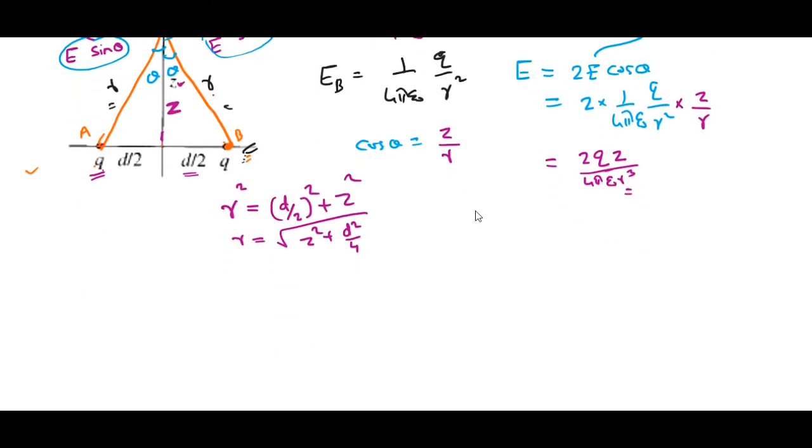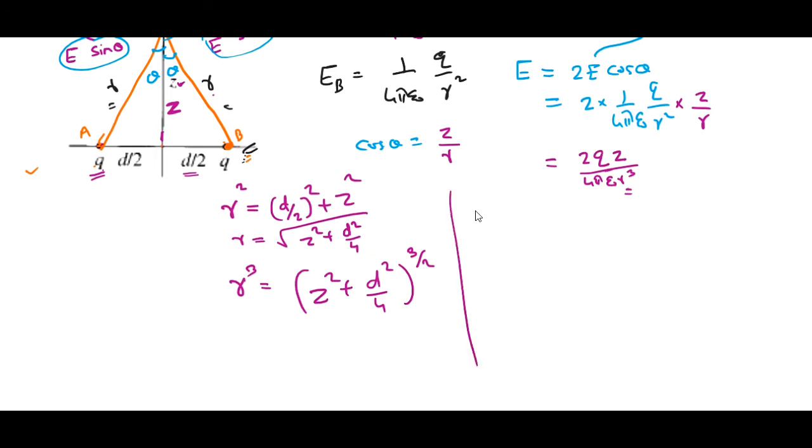Here we want to find r cube, that is r cube is equal to z square plus d square by 4 whole power 3 by 2.